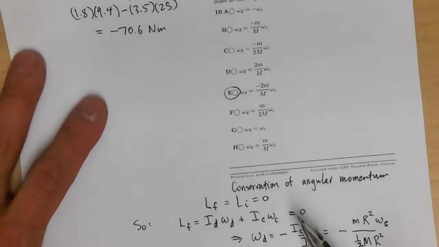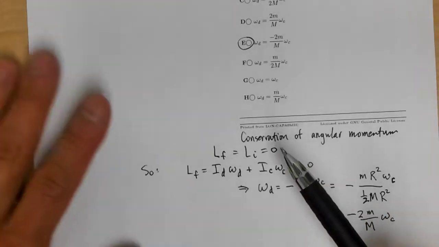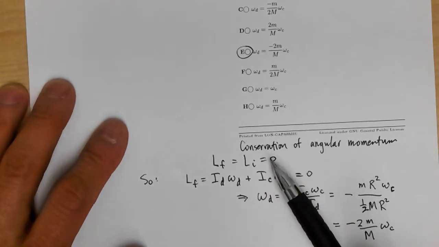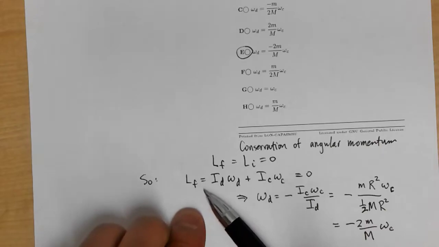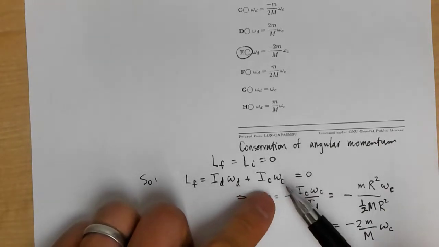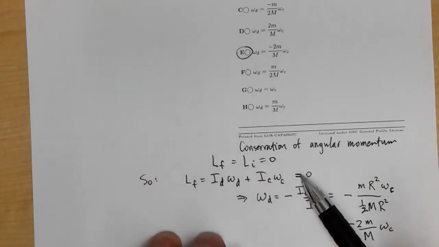This is conservation of angular momentum. There's no external torque on the system. L final is equal to L initial, which originally was 0. L final is equal to I D omega D plus I C omega C, and the sum must be equal to 0.